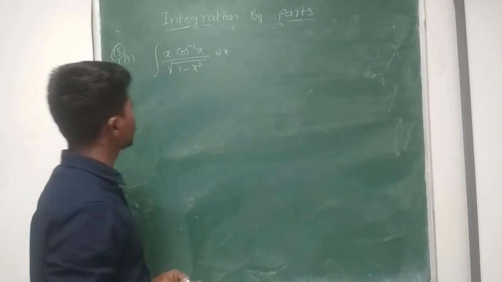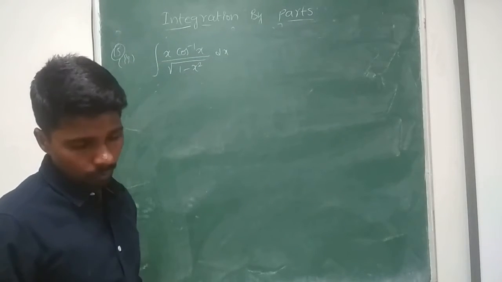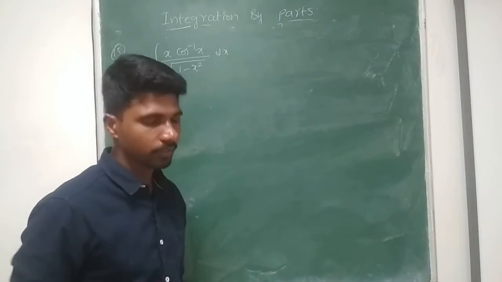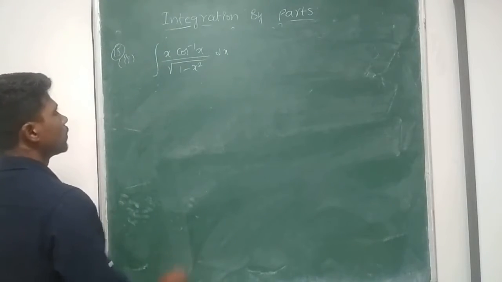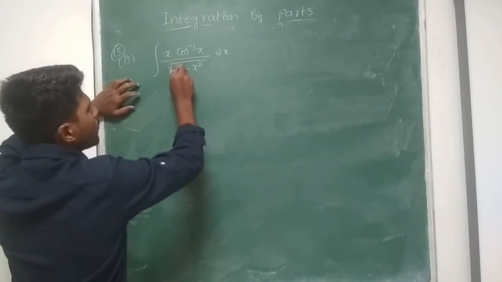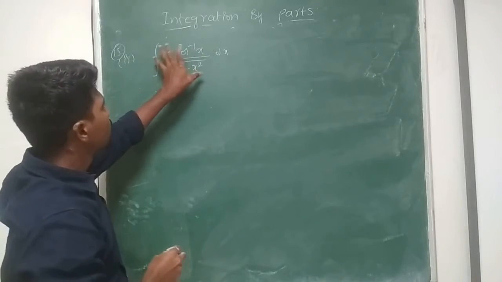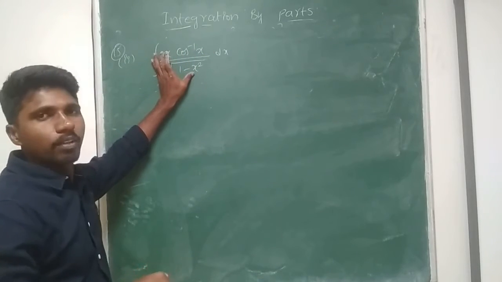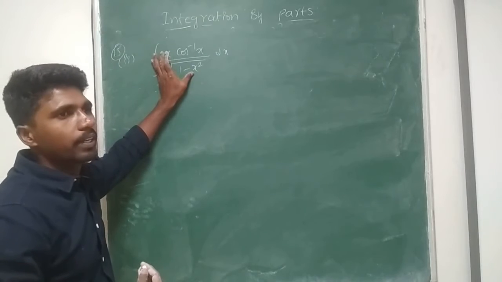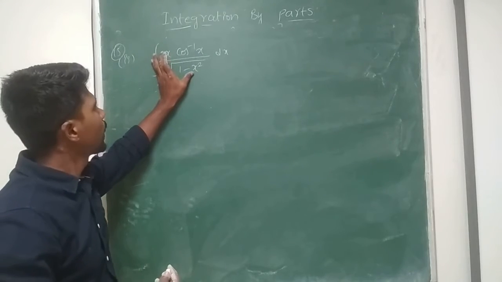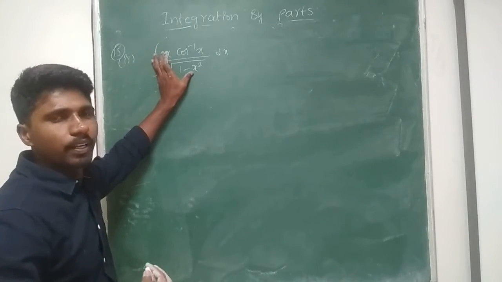This looks clumsy. I have x by root over 1 minus x square into cos inverse x. If I consider this particular part as u, finding its derivative will be a bit difficult.